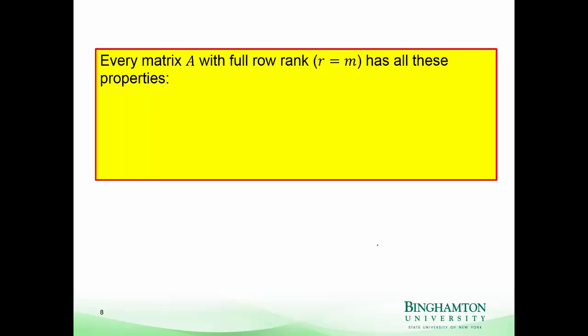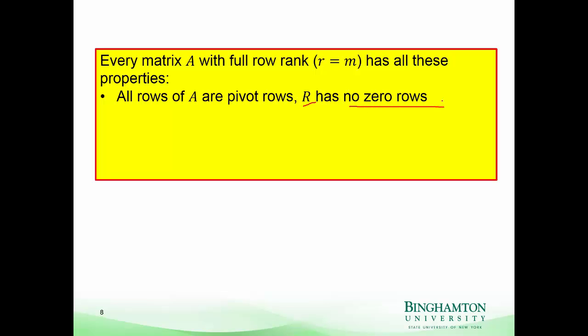Summarizing this case, if we have full row rank, that means that r is equal to the number of rows, and we've got all these properties. All the rows are pivot rows, so when we go to reduced row echelon form, our R matrix has no zero rows. That's a key sign. The column space is the entire space, so there is no constraint on b.